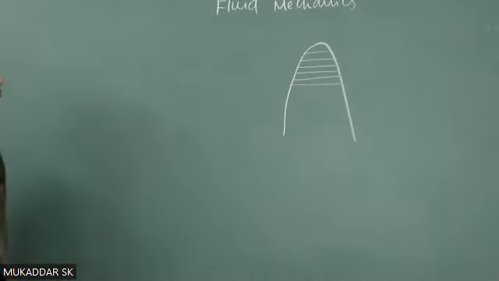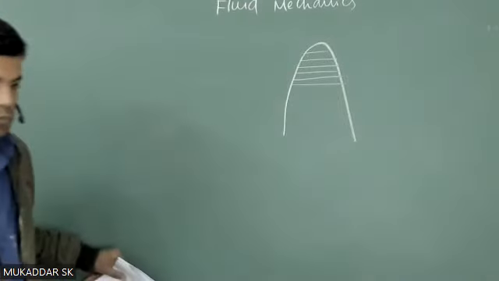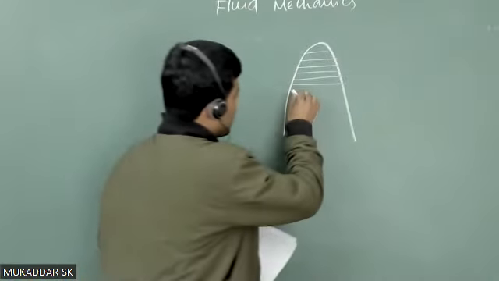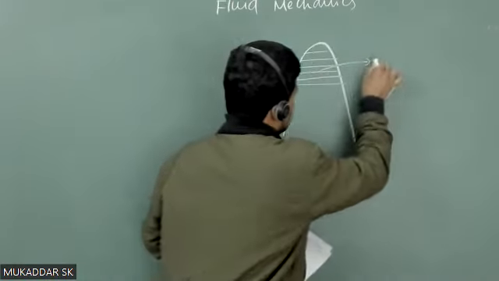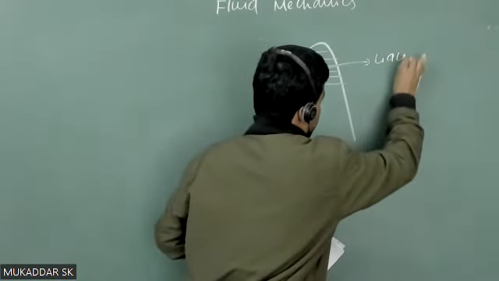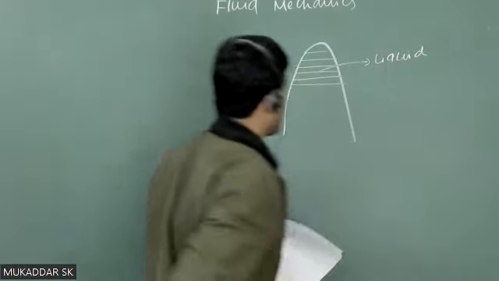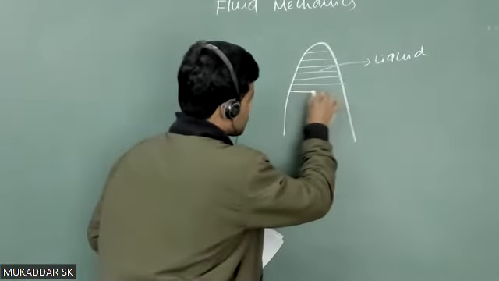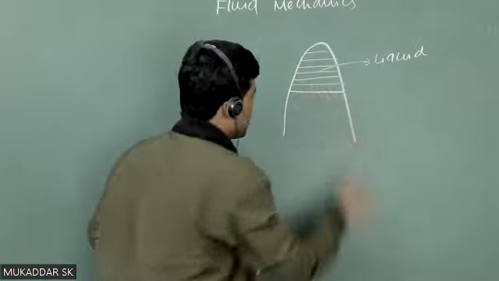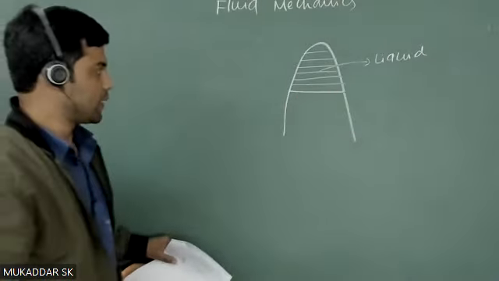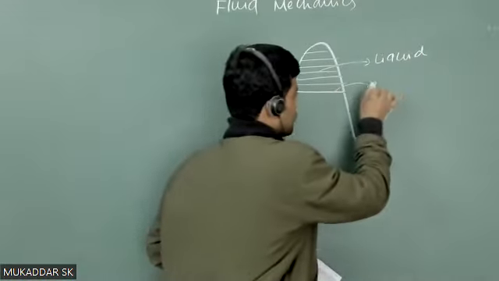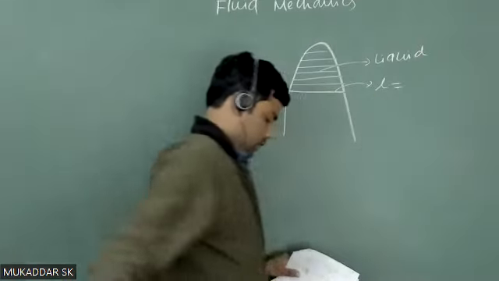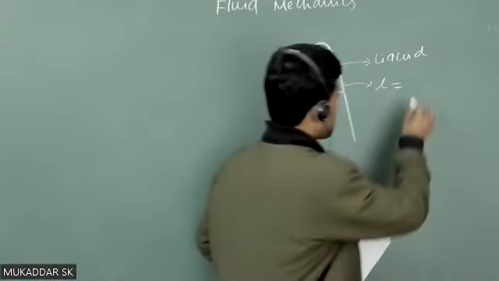This is your liquid, and you have a sliding wire. The length of the sliding wire is given, and that is 30 centimeters.